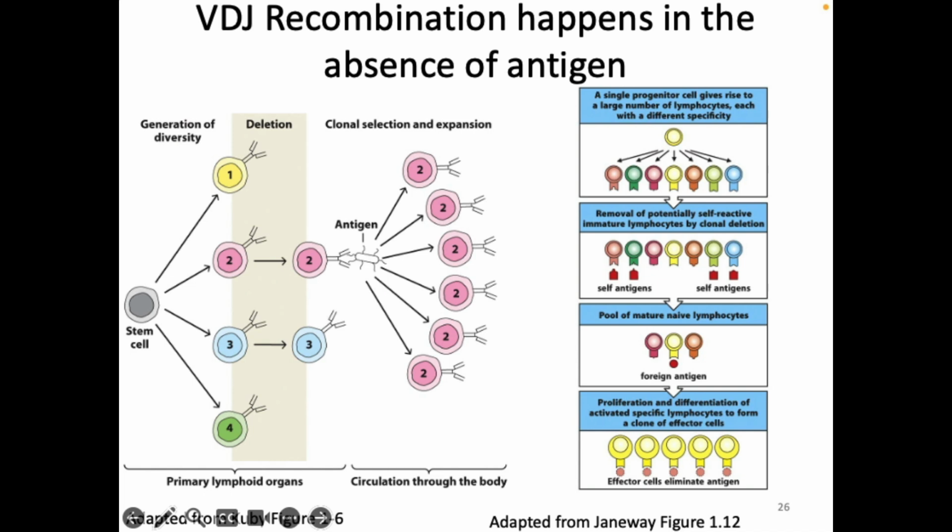And so we make this massive diversity, and then we do this testing process where we test for those that respond to self-antigens, and we delete them. We actually kill those cells. So they are not allowed to leave the bone marrow. They can't induce an autoimmune reaction. And we only let the ones that make it through this testing process leave the bone marrow.